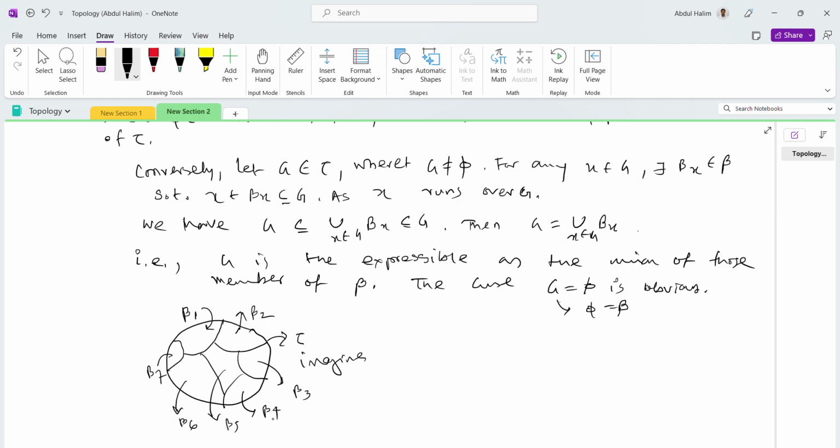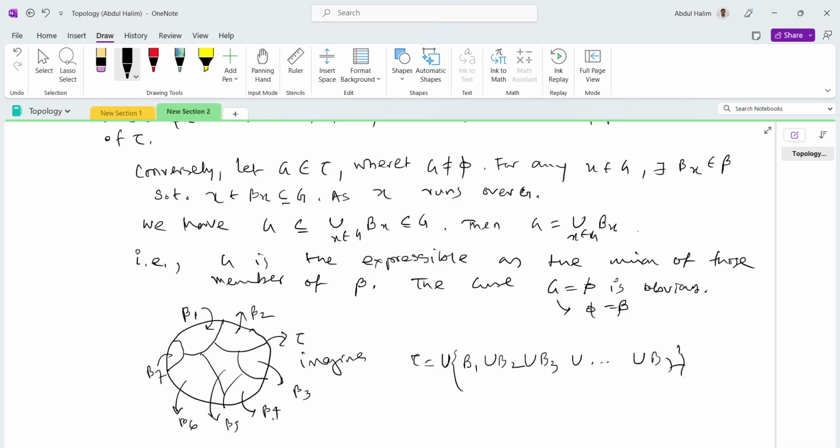These are the base. This is B1, this is B2, this is B3, this is B4, B5, B6, and B7.